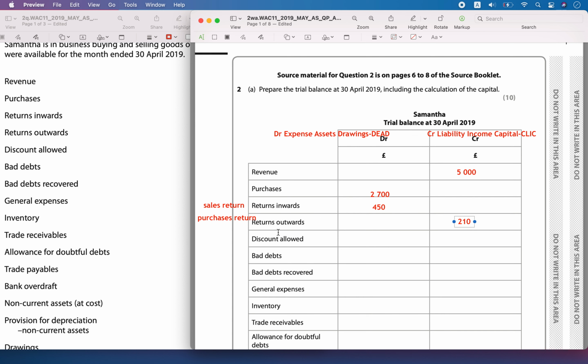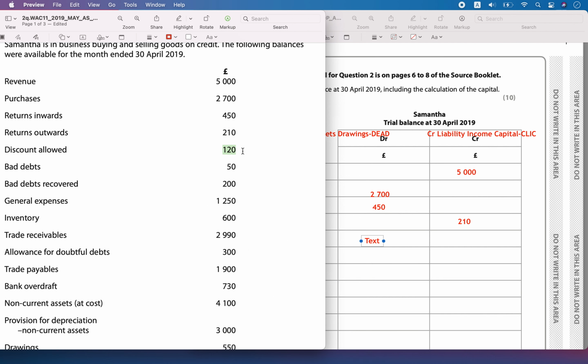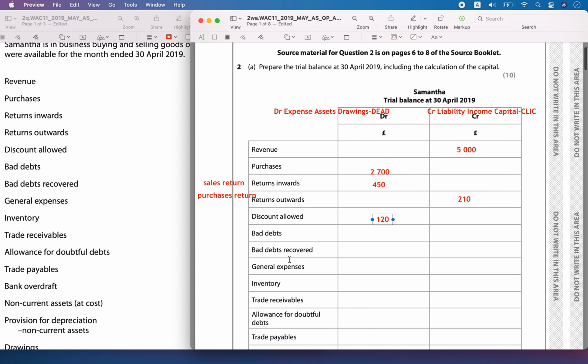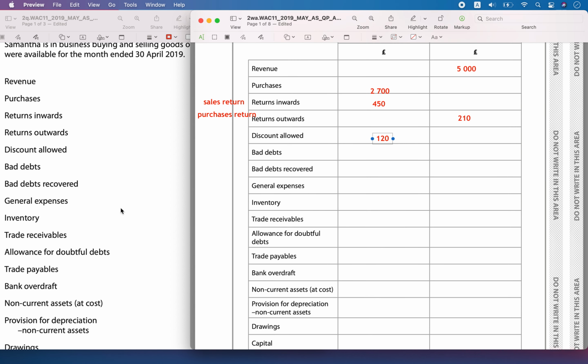Then discount allowed. Discount allowed is like an expense to the business. You allowed some discount to the customers, so it's like an expense to the business, so it is going to appear on the debit side. Then bad debt.